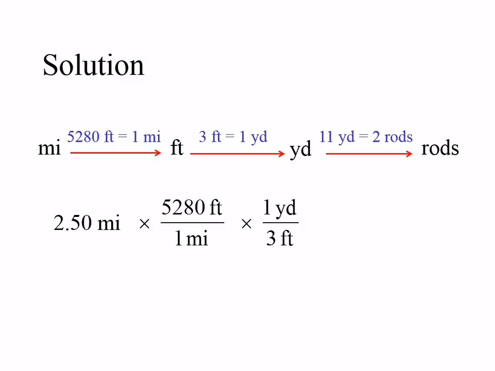So what does that look like? 2 rods over 11 yards? And that should do it, right? If we allow everything to cancel, miles have canceled, feet have canceled, yards have canceled, and we're left with units of rods. And that's exactly what we wanted to be left with.